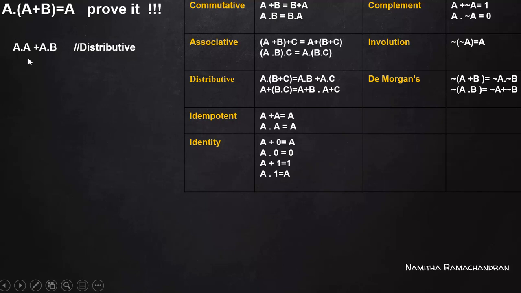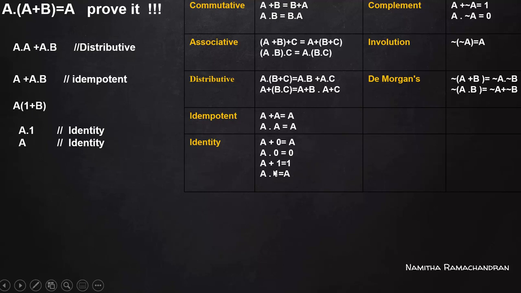Now analyze this. A and A is A itself. That is, we can apply this idempotent law over here. From this, it is clear that A and A is A itself. Okay, now consider these two terms. Here A is common. So now we can take A outside and it becomes A and (1 or B).